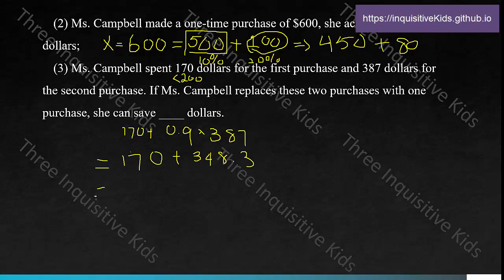If we add 170 plus 348.3 together, that will give us 518.3. So our first option, option 1, would give us $518.3.